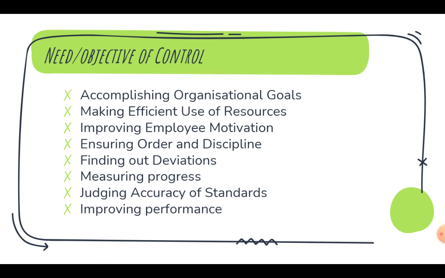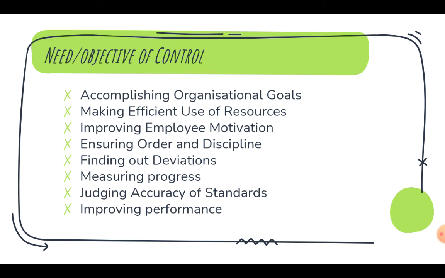And the control process will be required to establish or to ensure that everything is occurring in conformity with the plans that have been adopted by the firm. Okay, the control process will try to ensure that when all the employees are working, when all the functions basically in the organization are being carried out, everything will be done according to the plans and objectives of the organization.